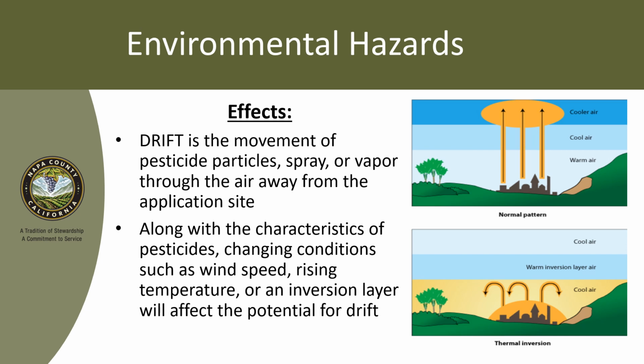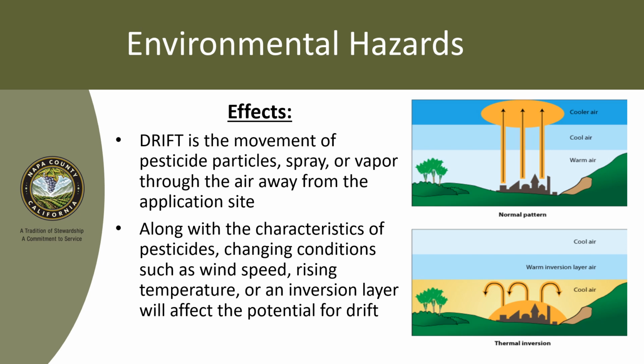And that inversion layer that we've all heard of definitely affects the potential for drift. In the two pictures on the right, you see what a normal pattern looks like, where you have warm air at ground level and it starts to cool the higher up you go. That enhances the movement of air straight up. But sometimes you have a warm inversion layer above the ground level, and that creates a turning back.